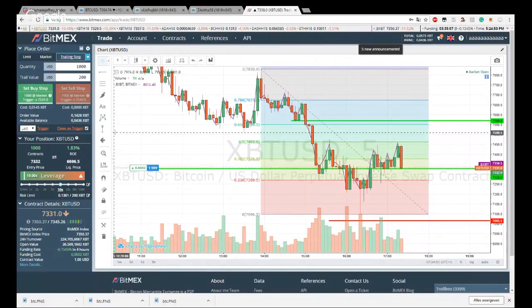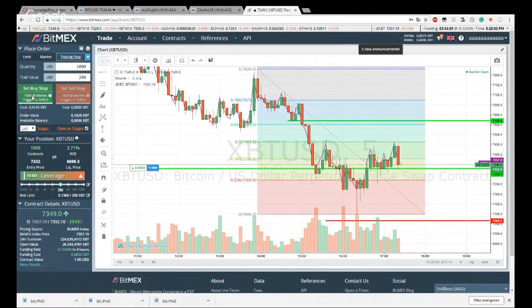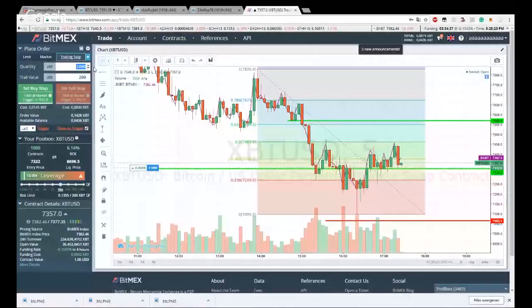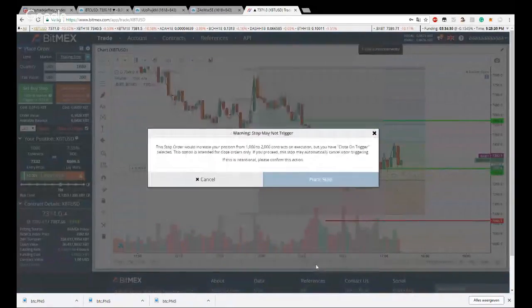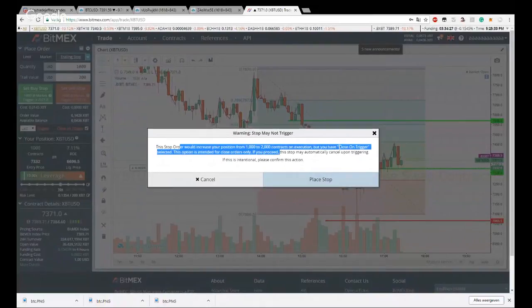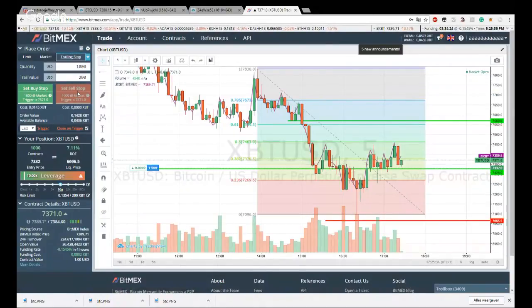How do I set this to sell? Perhaps this can only be used for shorting. I don't think this can be used for shorting.